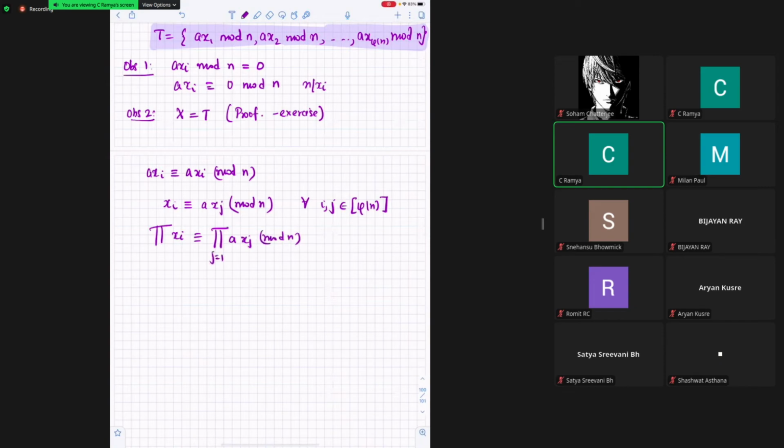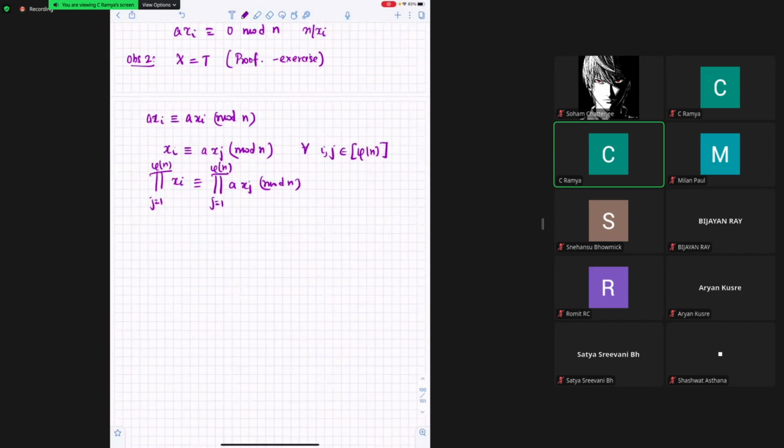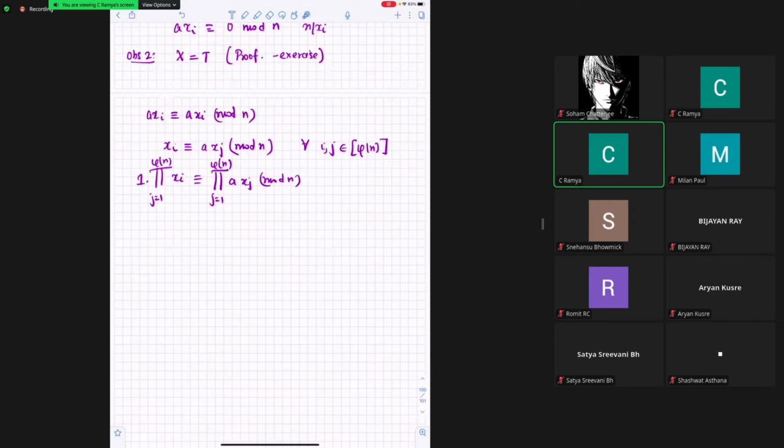All this is from 1 to phi of N. So 1 times this is equal to this. Now I can take A to the phi of N outside.